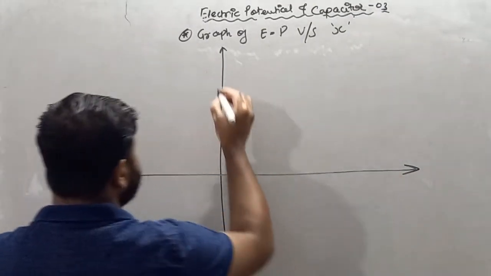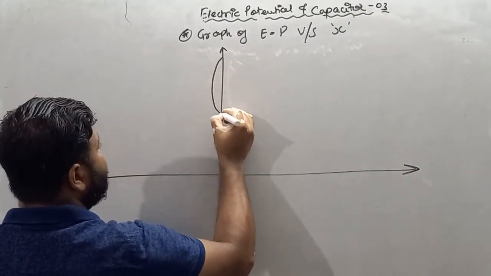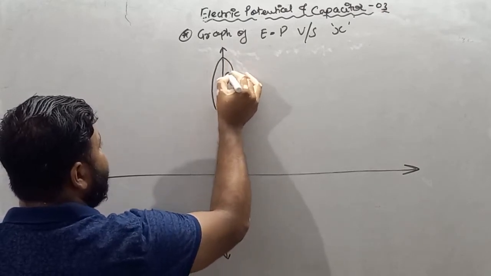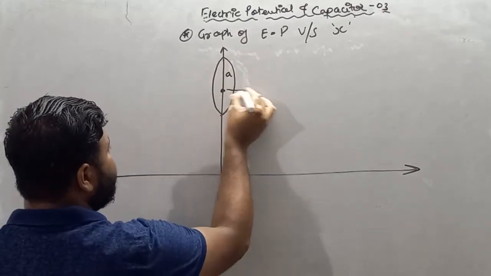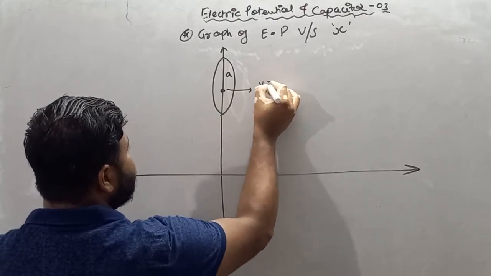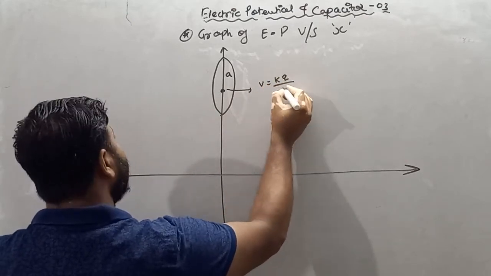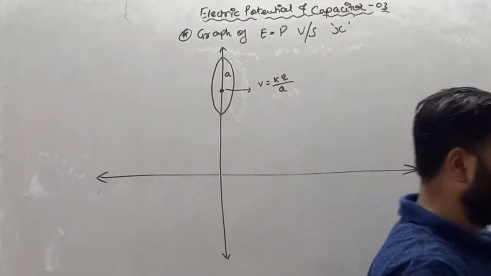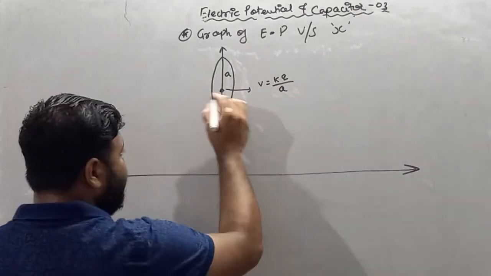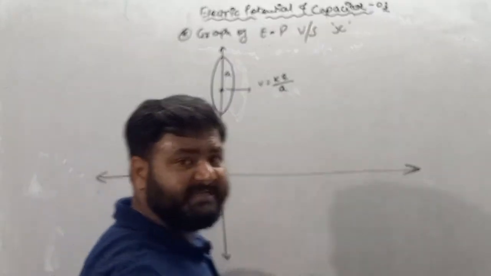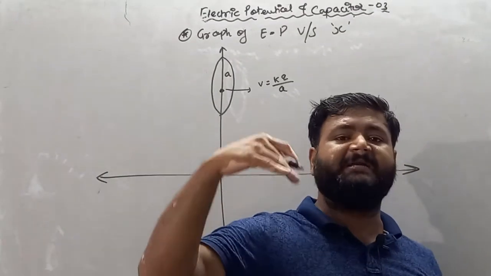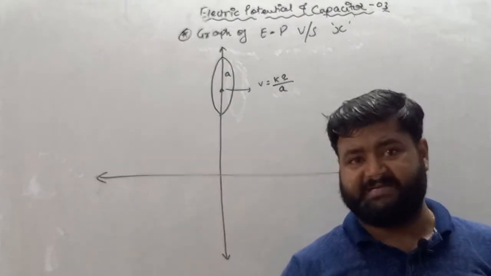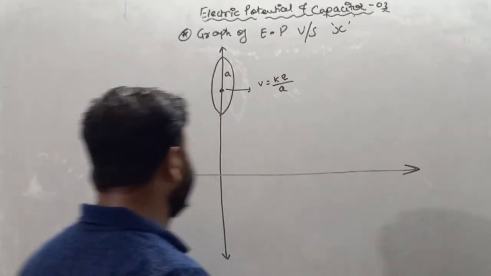So this is a ring of radius a, and at the center of ring the value of potential is kq by a, as at center the value of x is 0. Now if we move away from the center of ring, the potential decreases and it becomes 0 when x is equal to infinity.